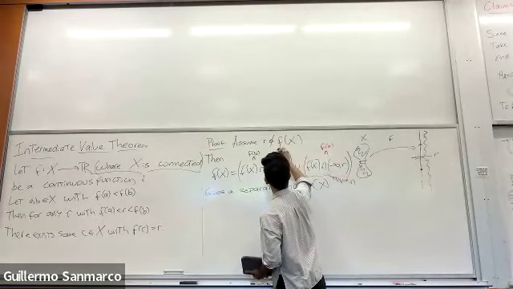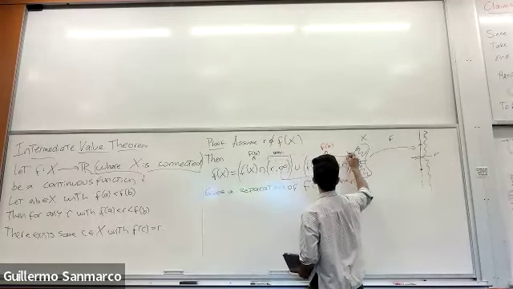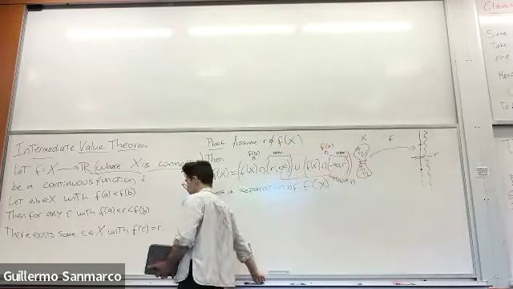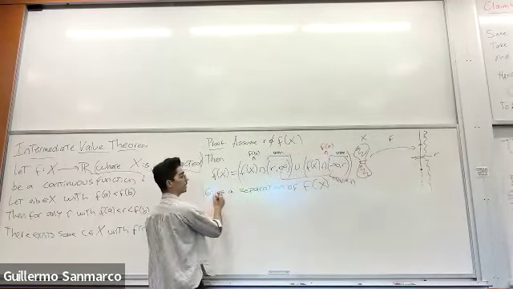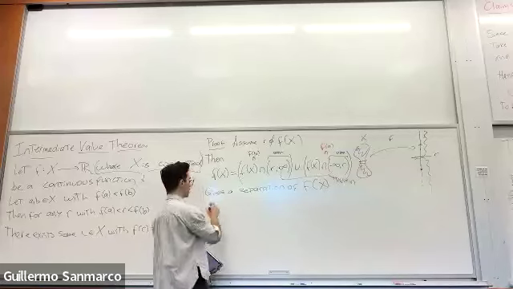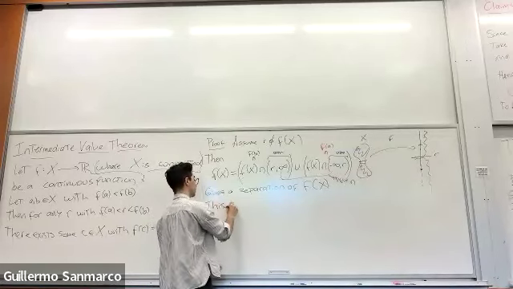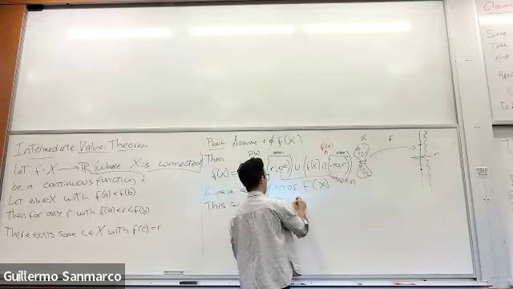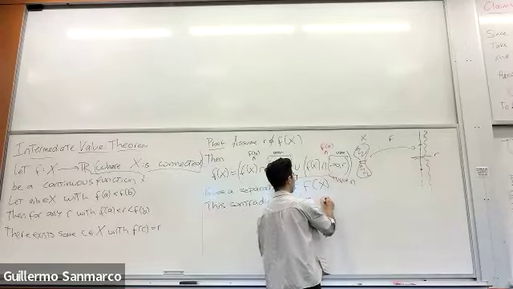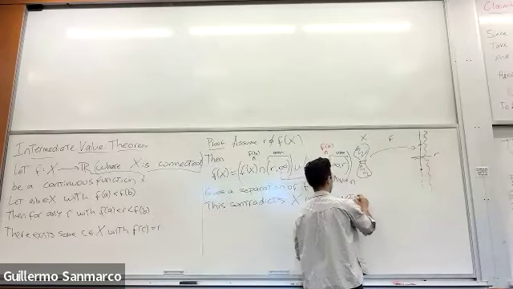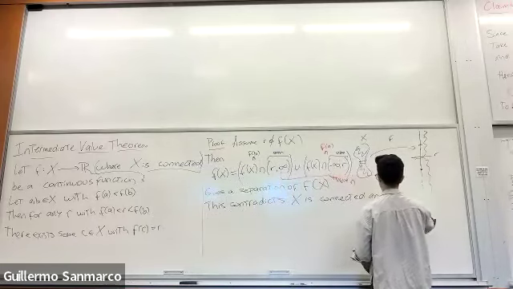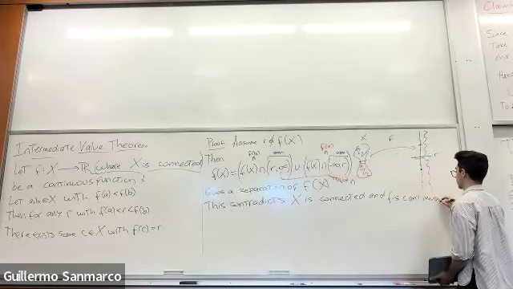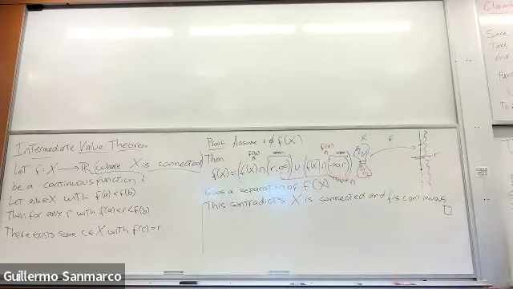So open in R, open in R, intersection with f of X gives you open in f of X. And that's all we need to do. So it gives a separation of f of X, and this is a contradiction because X is connected and f is continuous. So f of X needs to be connected. We proved that last time.